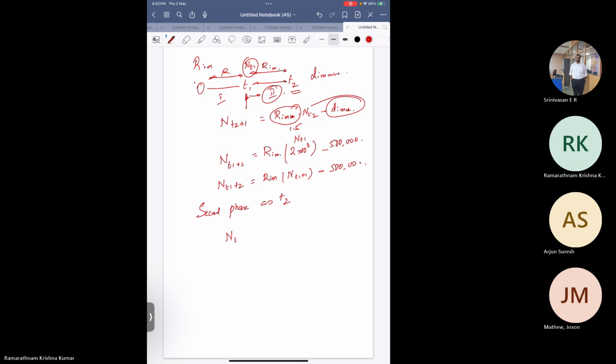So in the T2 phase, N_T2 plus 1 is equal to R immune multiplied by N_T2, minus T immune. That's the formula. Is that clear? Yes, logical. Okay, now do the fourth one.